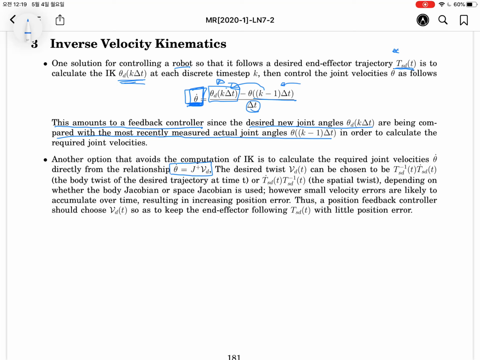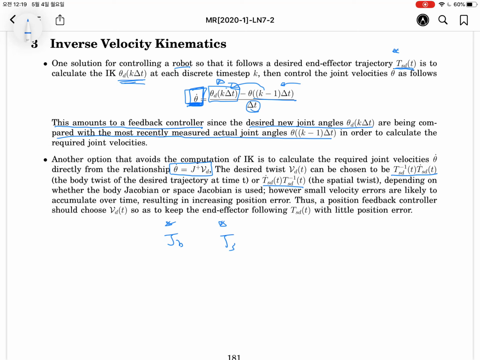On the other hand, another option is to use the Jacobian mapping: theta dot equals J pseudo-inverse times the body twist or desired twist. If we want to use J body, JB, or JS, you can choose either this one or this one, depending on the frame.